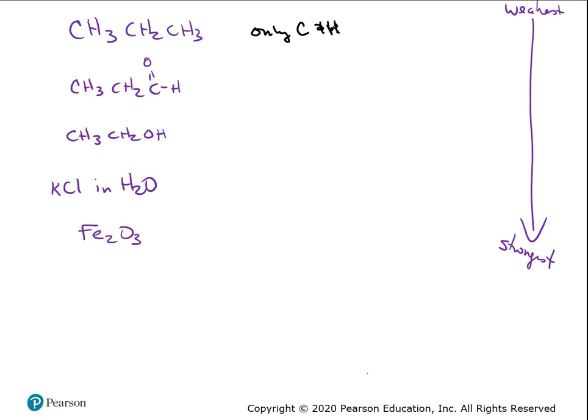So if it's only carbon and hydrogen, then I know that this is nonpolar, and it's only London forces that help hold this together. Nonpolar molecules don't have any other intermolecular forces, just London forces.